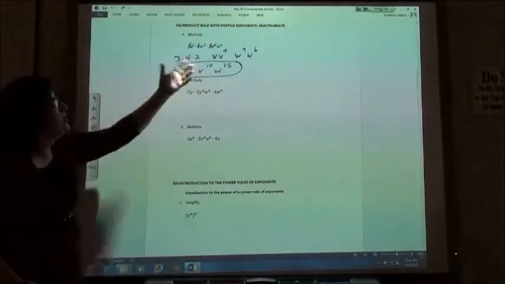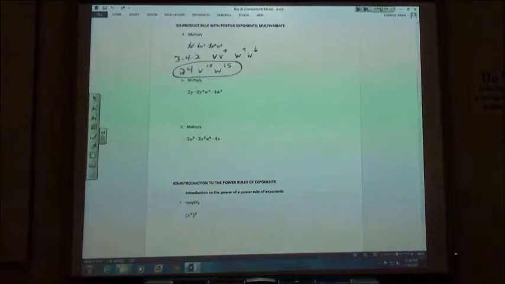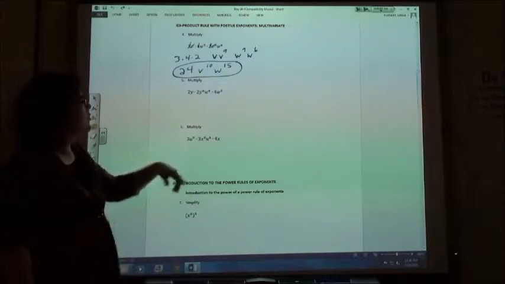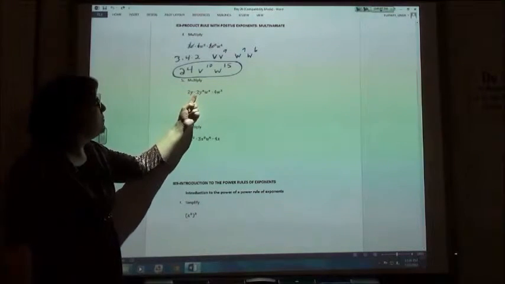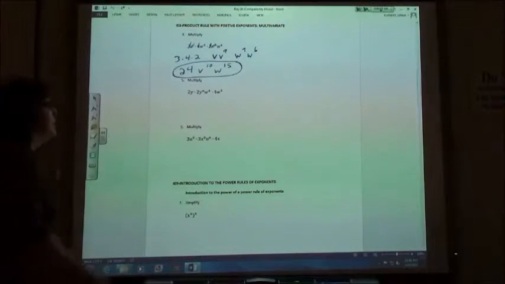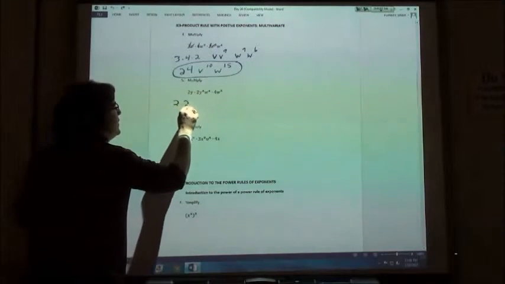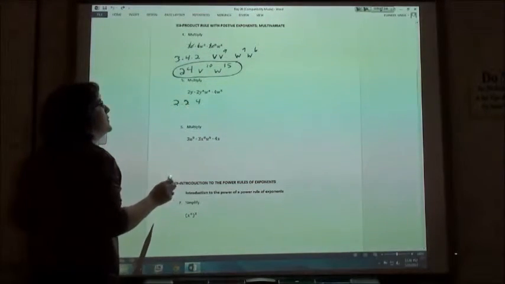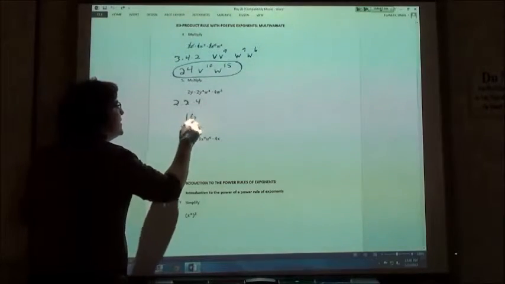So you probably really don't need to rewrite all of that like I did unless it makes it easier for you to figure out. But you're going to look and first do your numbers. I have a 2 times a 2 times a 4. So we get 16.